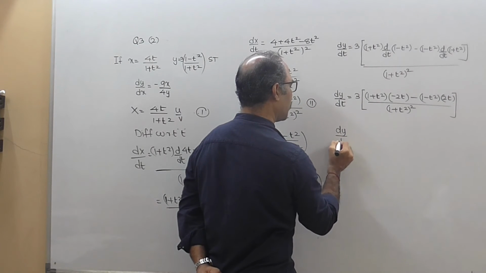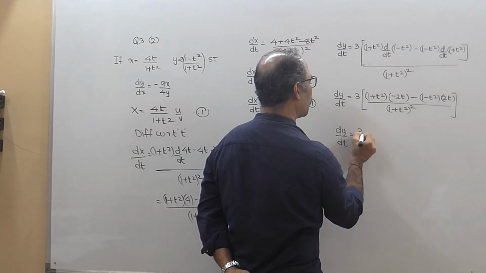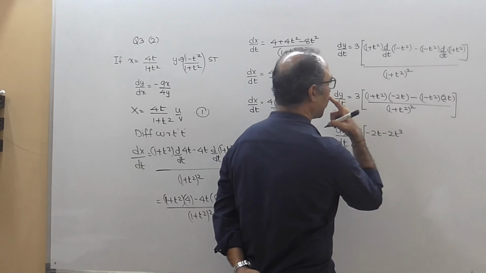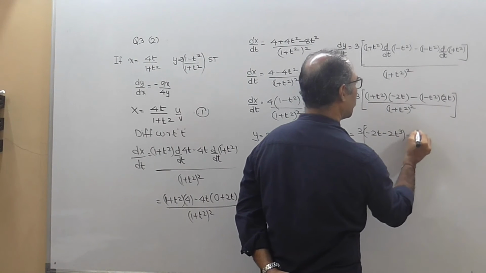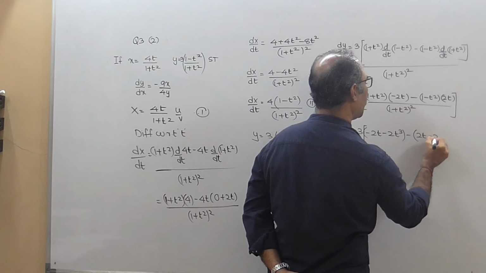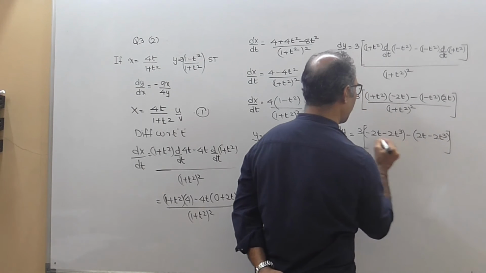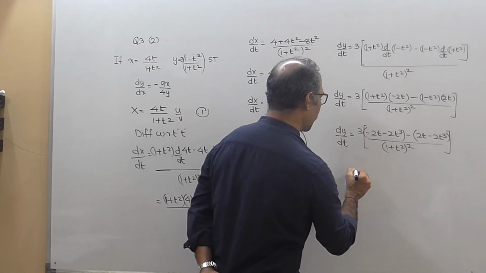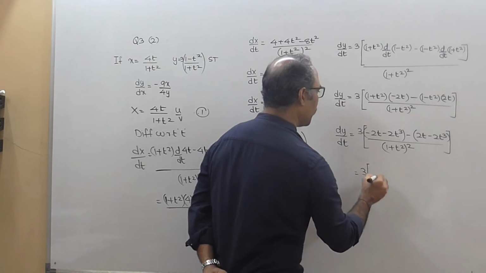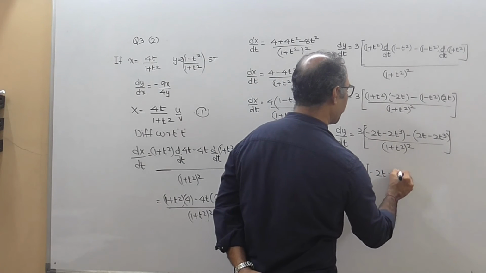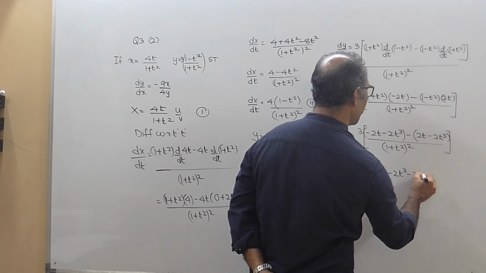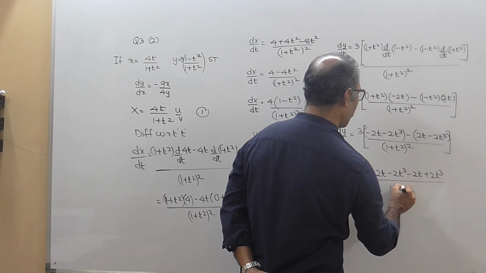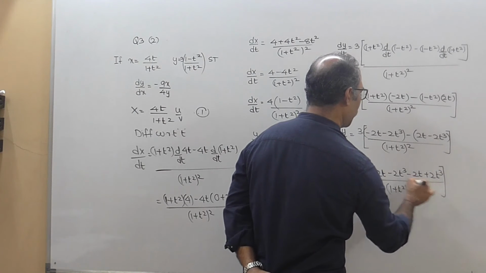So we get dy by dt equal to 3, minus 2t cube minus 2t plus 2t cube, the whole upon (1 plus t square) the whole square.